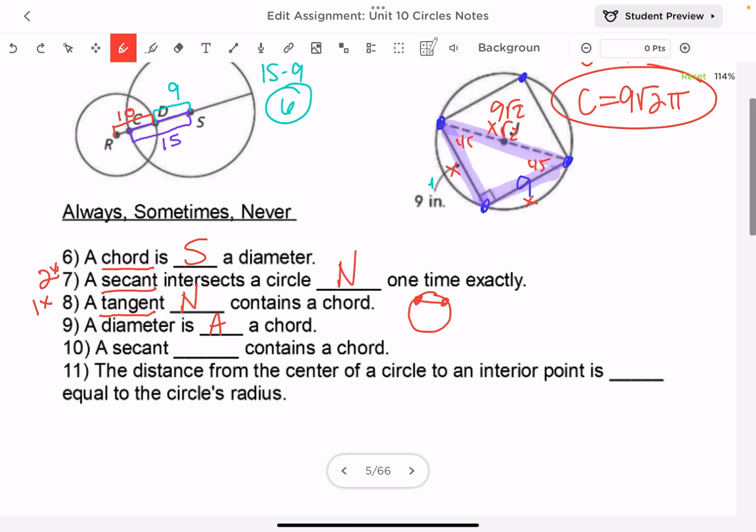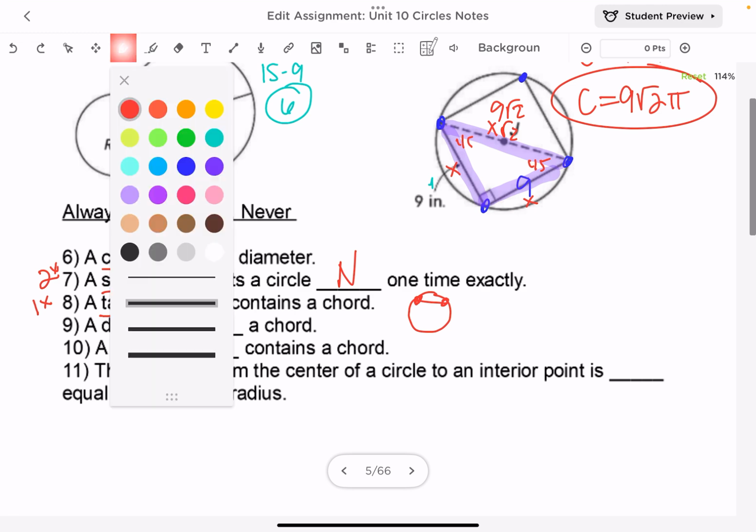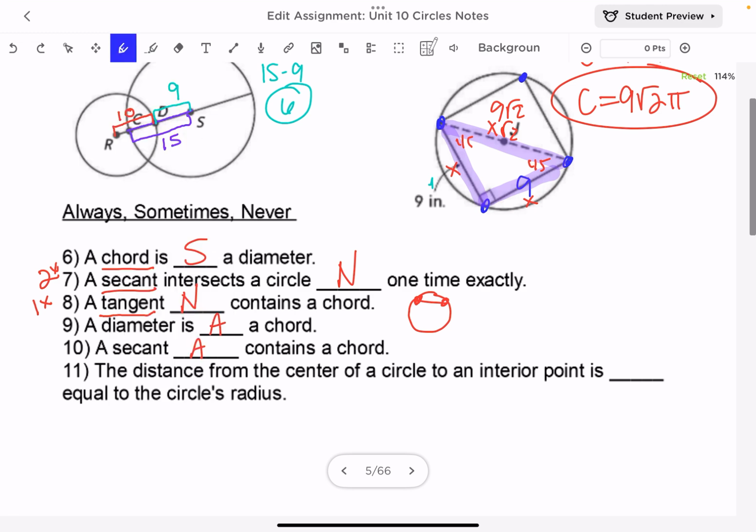Number 10, a secant blank contains a chord. A secant always contains a chord because that's what a secant is. It's a chord that just keeps going. So I just drew that in blue on that orange circle. And then the distance from the center of a circle, so I'm going to draw this one. Okay, so we have the center of the circle.